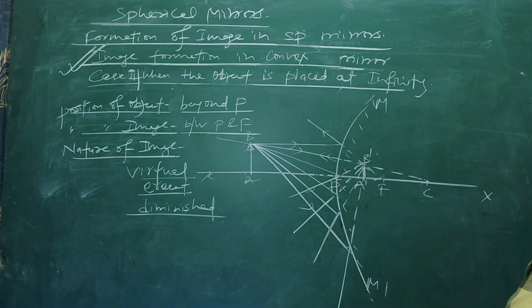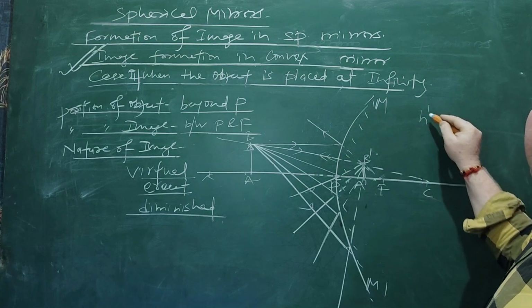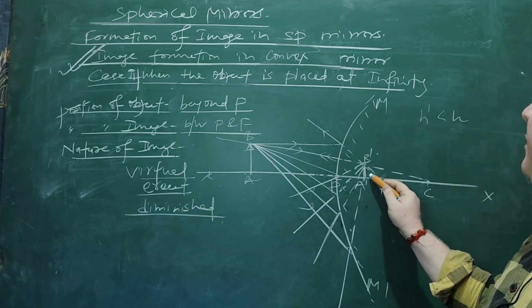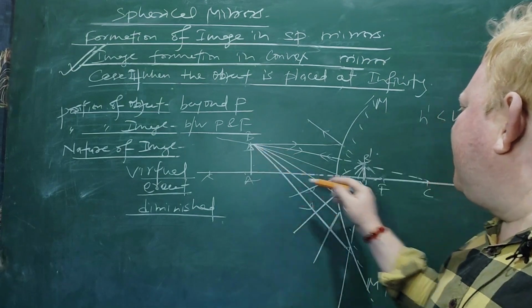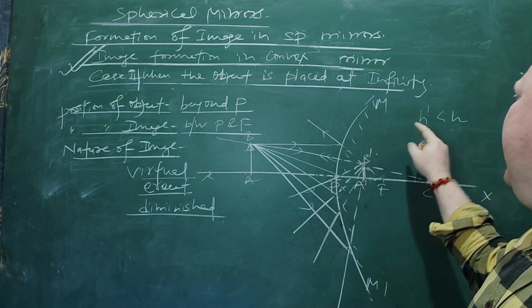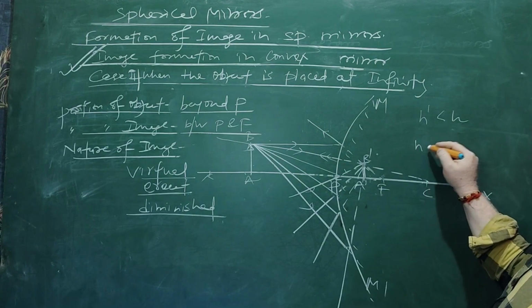Now tell me, what magnification are you thinking of here? Of course, here h' is less than h. The height of the image is less than the height of the object. This is the height of the object and this is the height of the image.